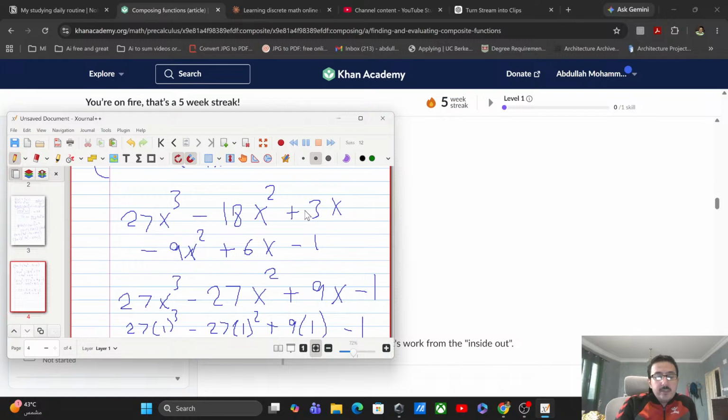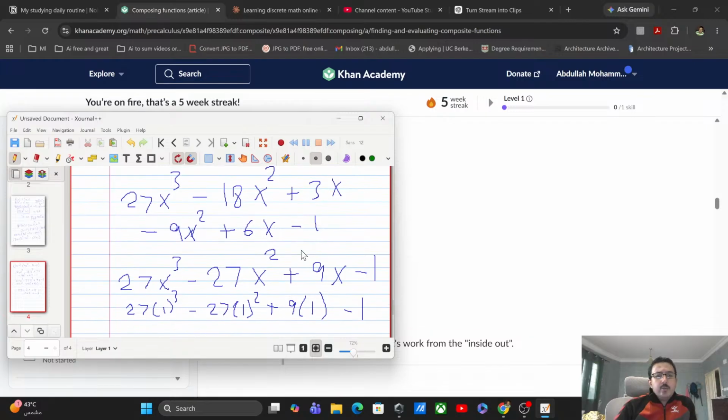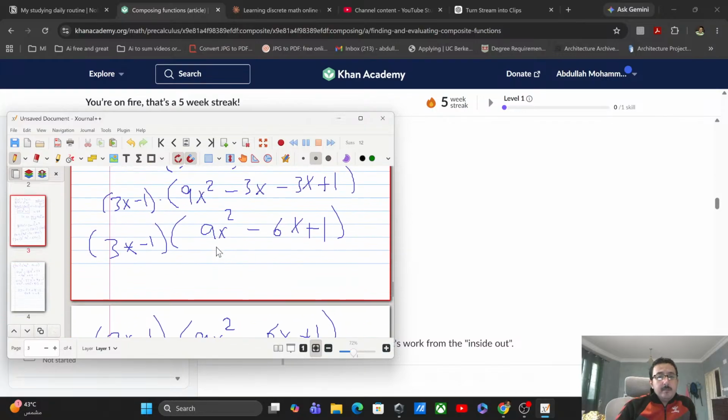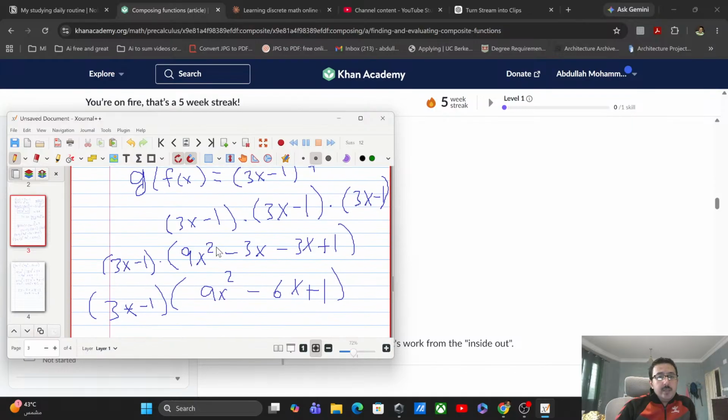That's a minus 27. So what I still got is plus 3 and plus 6. That's 9x minus 1. Something wrong here. 3x and 3 and 9 is 27. Something here. What do you say?